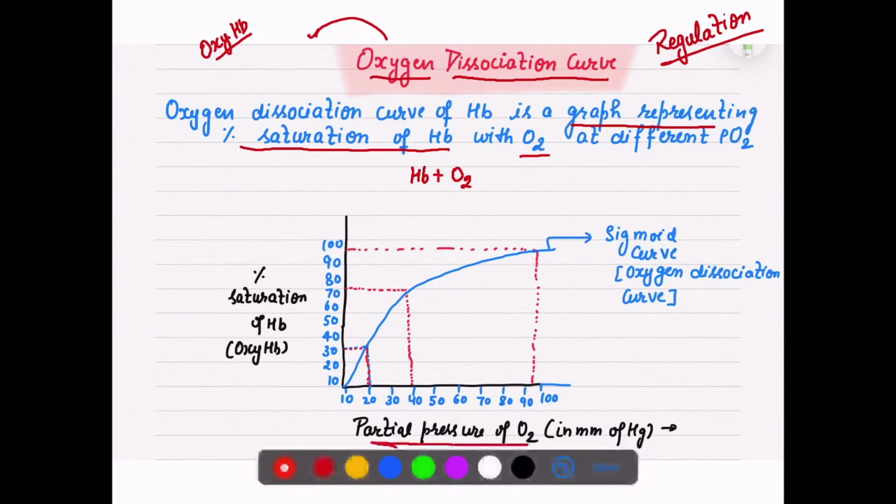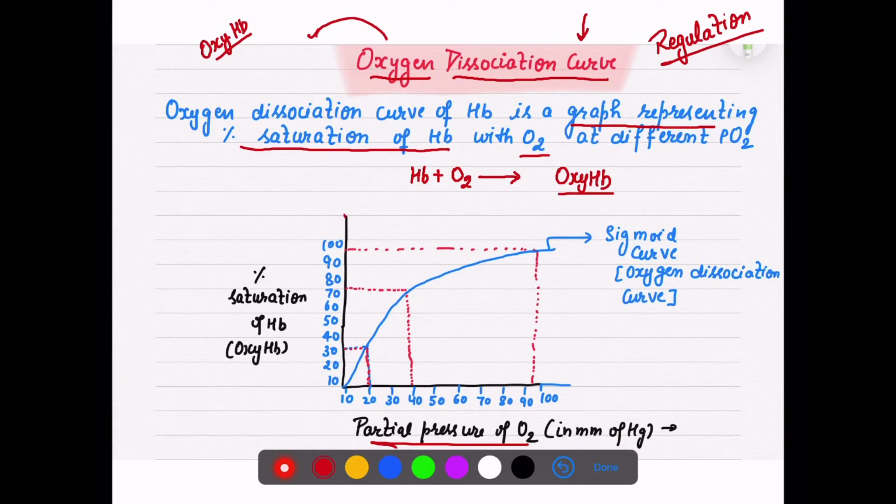When hemoglobin forms a complex with oxygen, that is called oxyhemoglobin. At which partial pressure how much percentage of saturation of hemoglobin with oxygen happens, that we are going to check with the oxygen dissociation curve.